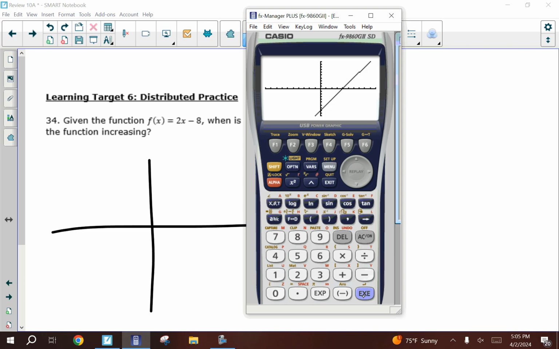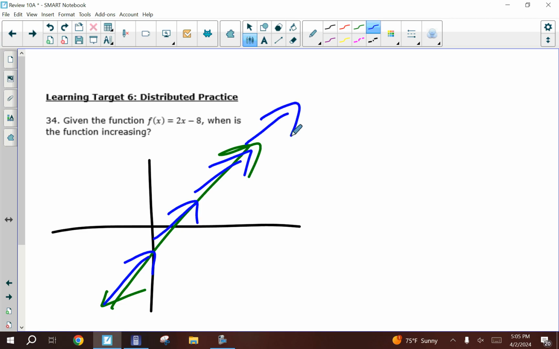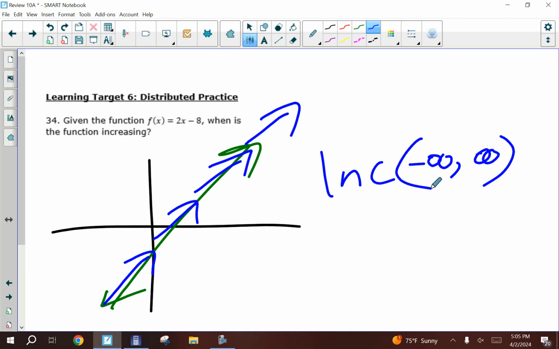And that picture looks like a line, and that line is headed like this. So if we read the graph from left to right, this graph is always heading in the upward direction. So this guy is going to be increasing from negative infinity to infinity. That means that it's always increasing and it's never going down.